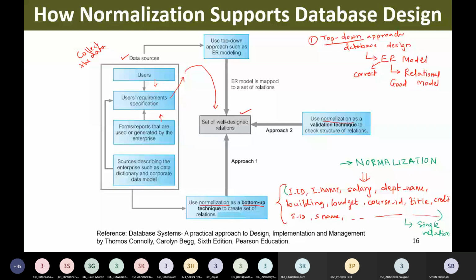So whichever approach we follow, top-down or bottom-up, normalization plays an important role.